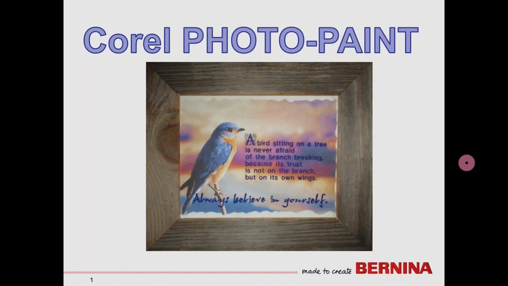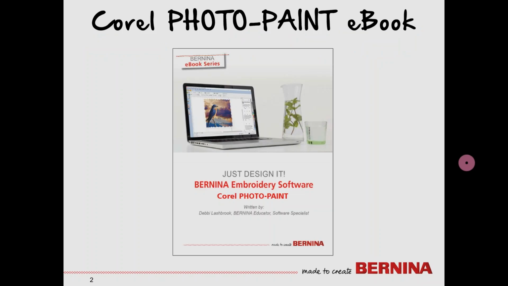You'll find some similar tools with Corel Draw SE, and I would encourage you to dig in and explore. You can have fun creating many different effects with your photographs. The ebook that accompanies the webinar includes descriptions of the icons that you'll find in Corel PHOTO-PAINT so that you can begin to learn about all the tools.